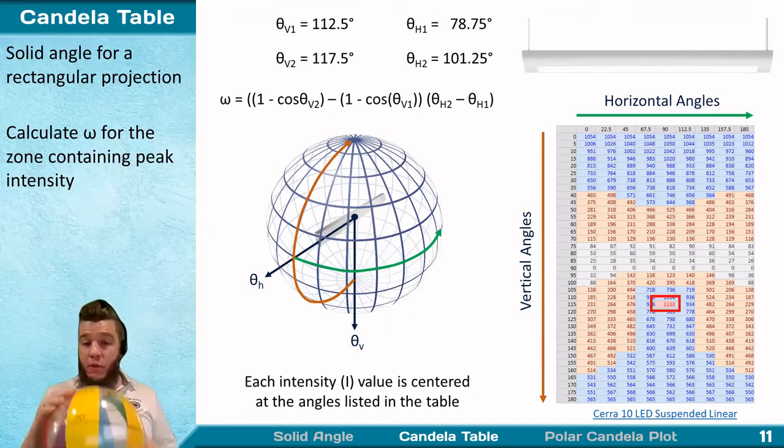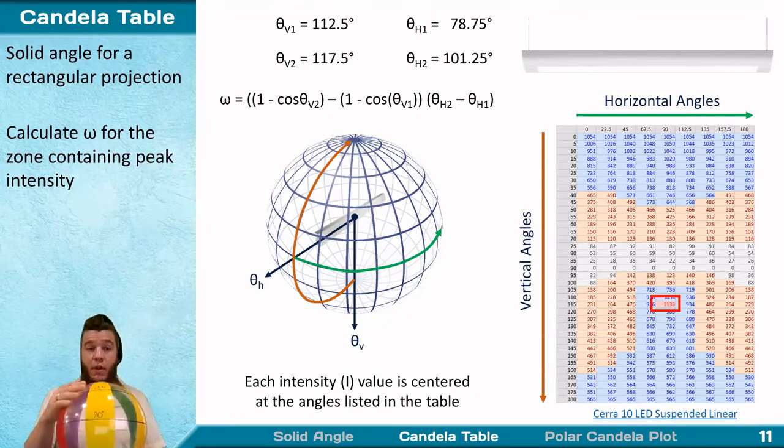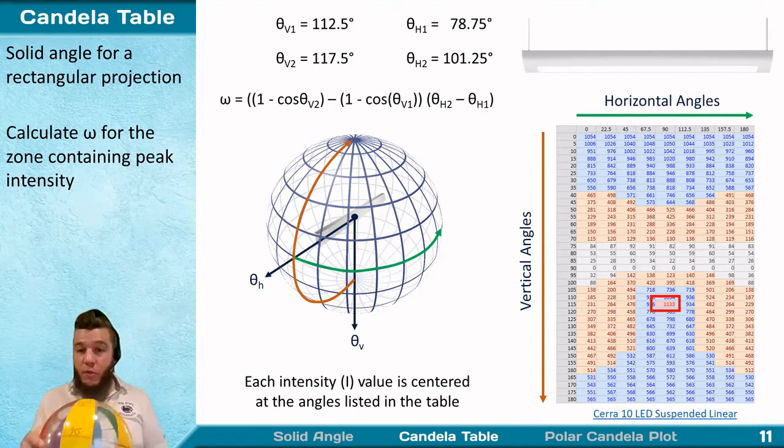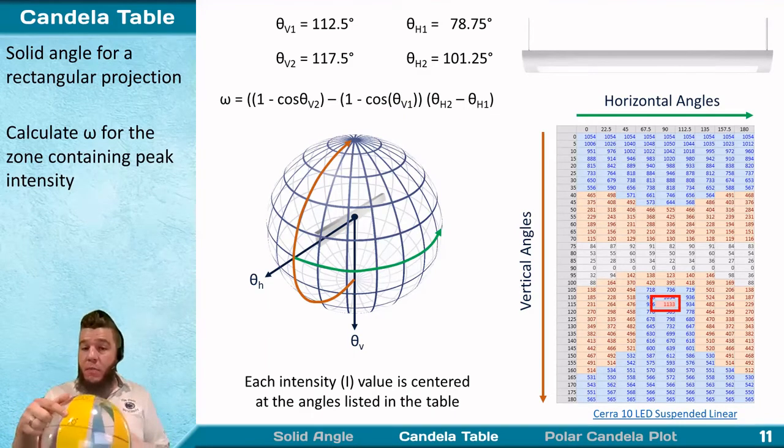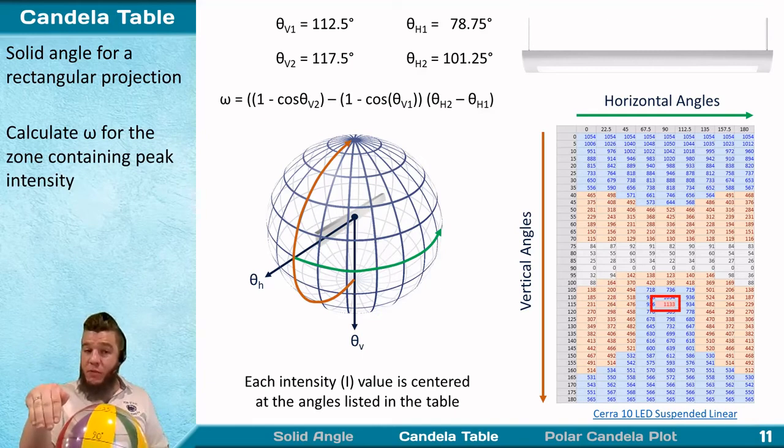Now, when we're looking at the vertical angles, we're moving all the way up to 115. We keep going past the equator because that's just 90, so it's actually above horizontal. So peak intensity for this luminaire is emitted up, not down to the work plane, but up into the ceiling.